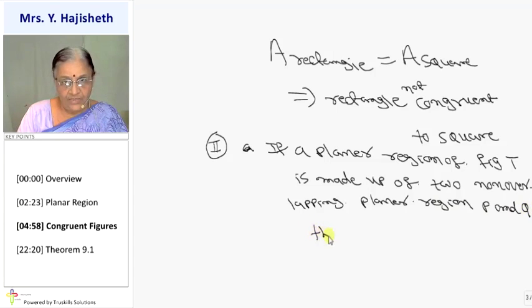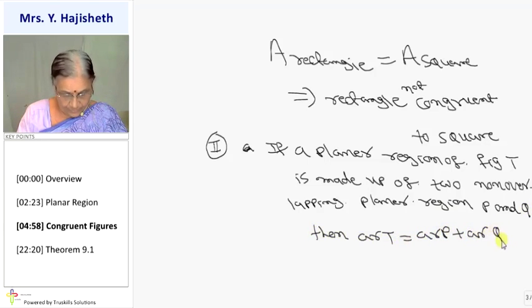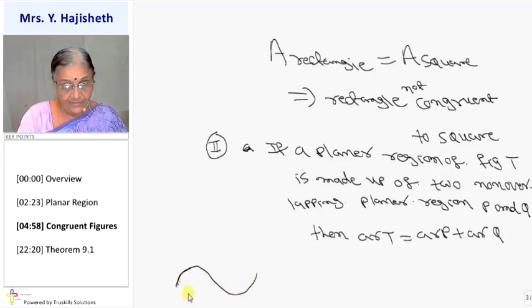Then you see the figure. Area of T is area of P plus area of Q. The figure will be like this. Suppose any two, suppose one like this, such a figure.